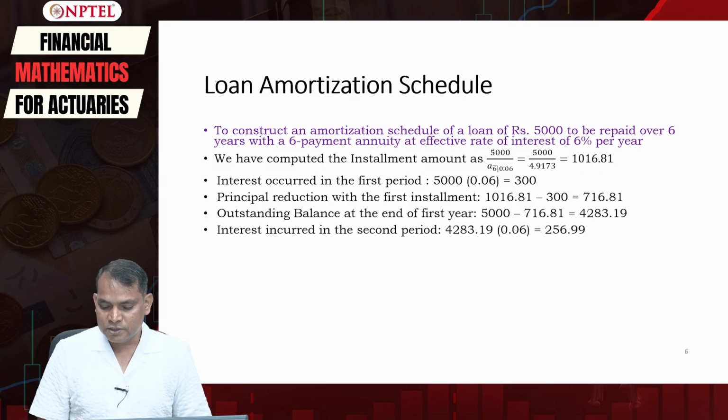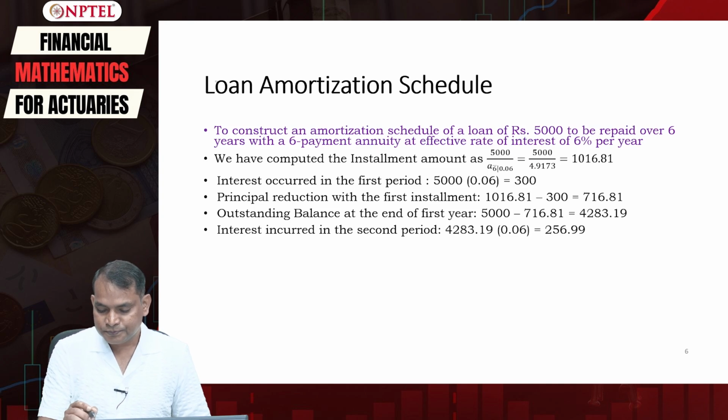With this we have 5000 divided by 4.9173. How do we get this value? We used the formula: a-angle-n equals (1 minus (1+i) to the power minus n) divided by i.